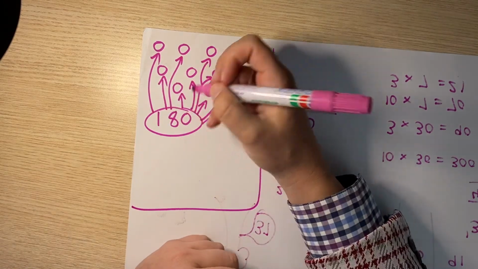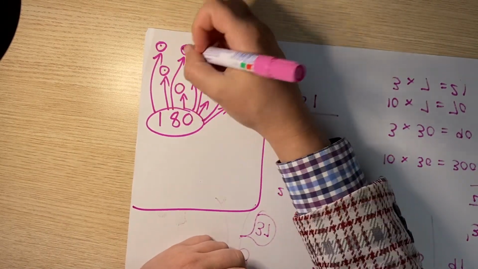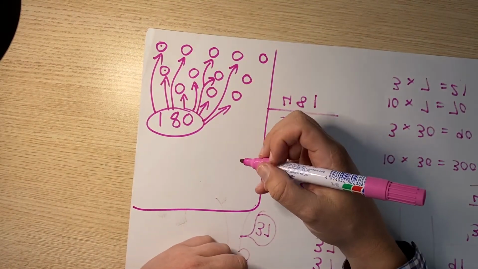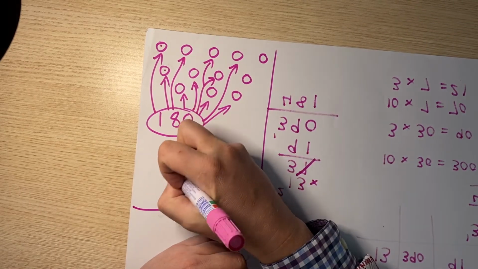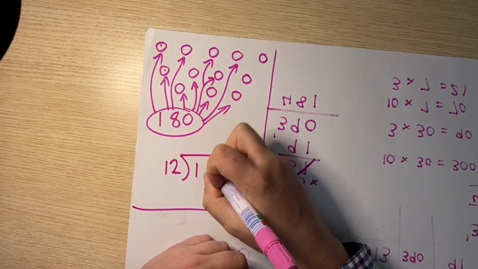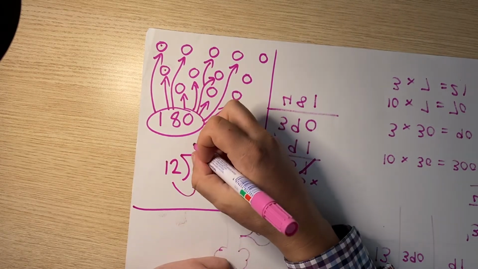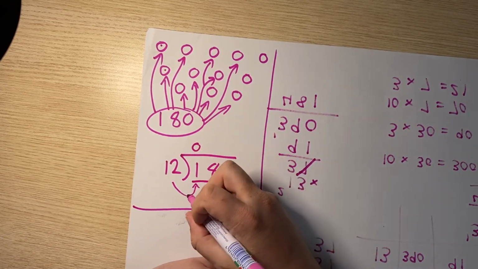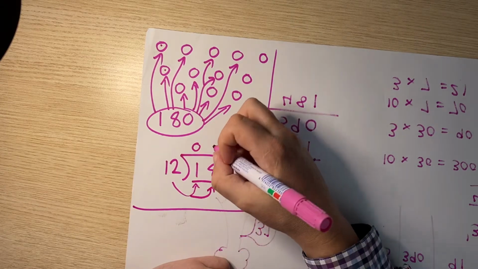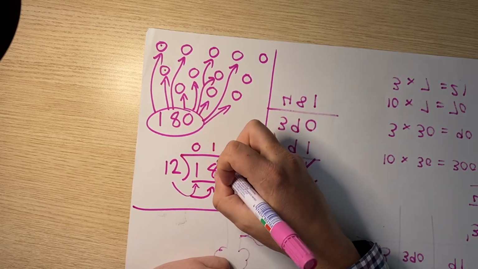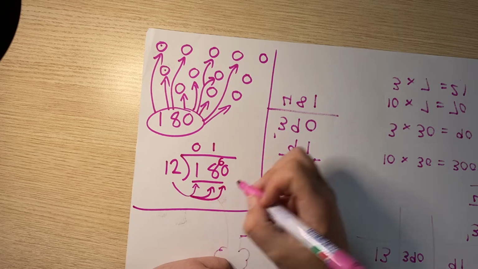So you could do it really slowly and go $1, 1, 1, 1, 1, but that would take a lot of time. So another strategy that we can use is this strategy here. How many times does 12 go into 1? 0. How many times does 12 go into 18? Well, it goes 1 time and there's 6 remaining. How many times does 12 go into 60?